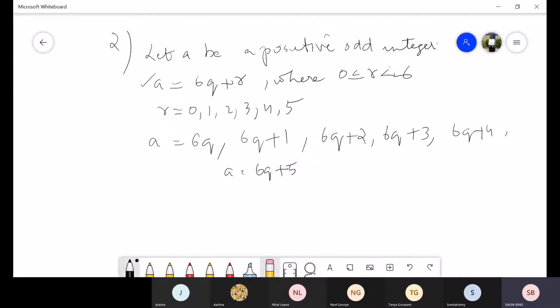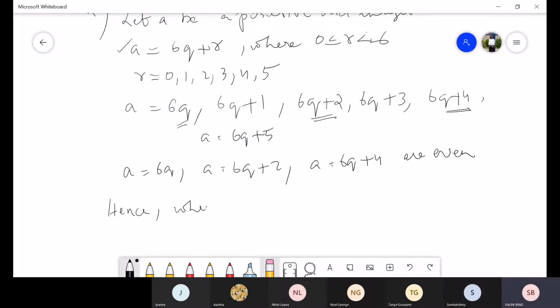Now you have to find out which numbers are even and which are odd. 6q, 6 into a positive integer will be an even number. So you don't have to take this one. Now 6q plus 2 is also even, and 6q plus 4 is also even. So what can you write? a equal to 6q, a equal to 6q plus 2, a equal to 6q plus 4 are even.